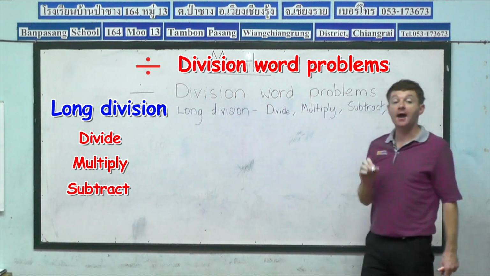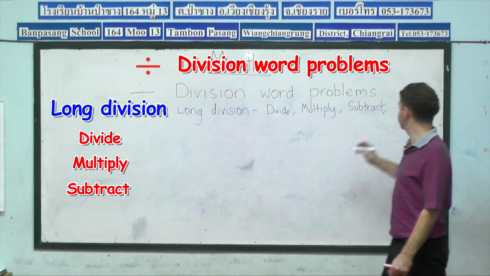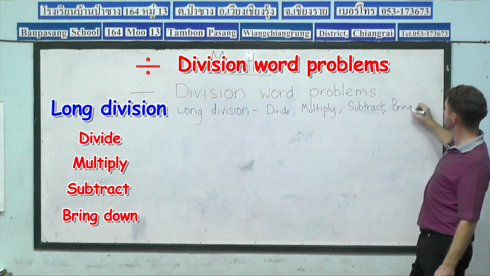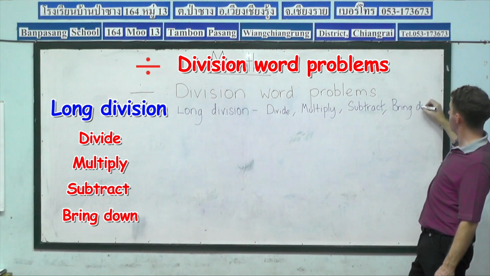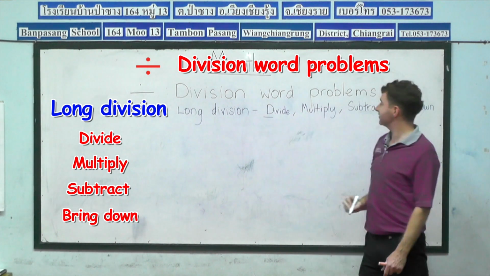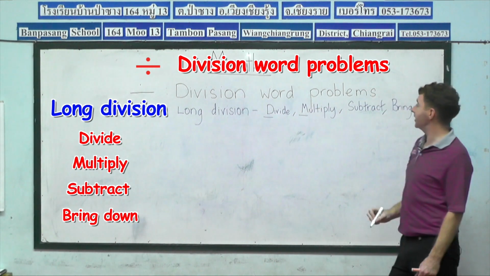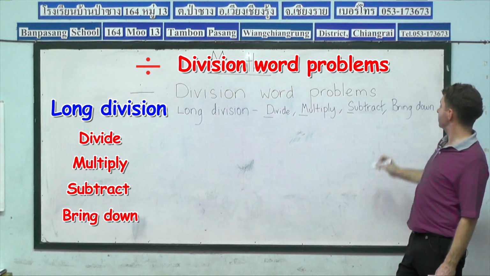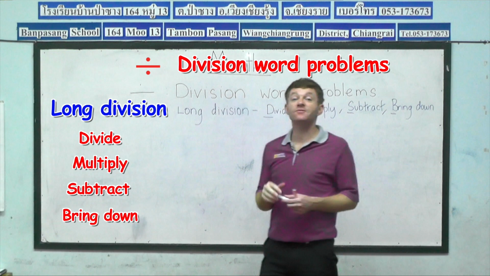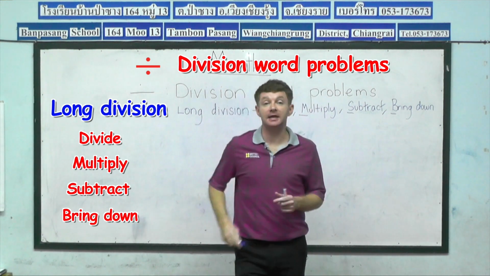S-U-B-T-R-A-C-T. And then finally, bring down. B-R-I-N-G, D-O-W-N. So we divide, multiply, subtract, and bring down. That's how we answer all of our division calculations.